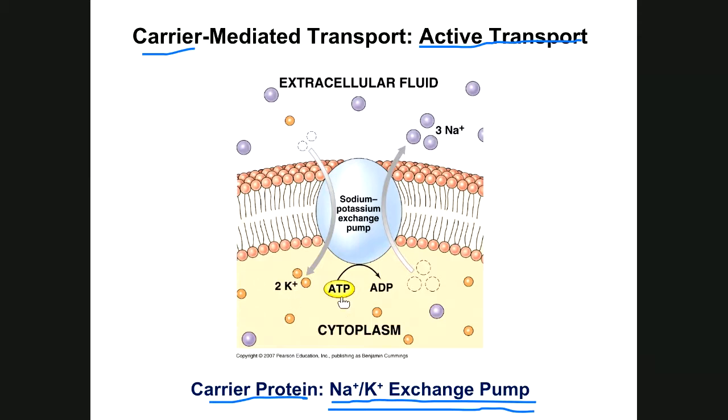So the way it works is, for every 1 molecule of ATP, it will pump out 3 sodium ions into the ECF where there's already a high sodium concentration. And like a revolving door, it'll grab 2 potassium ions from the ECF and pump them into the ICF where there is already a high potassium concentration.